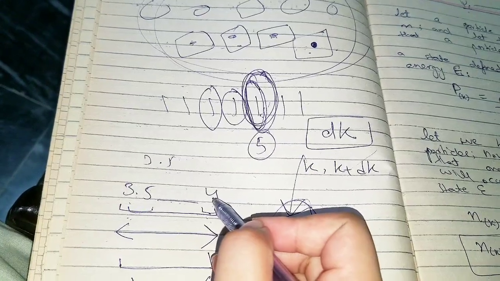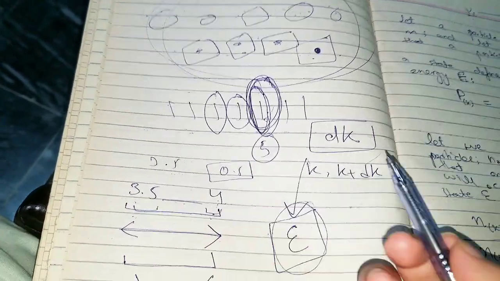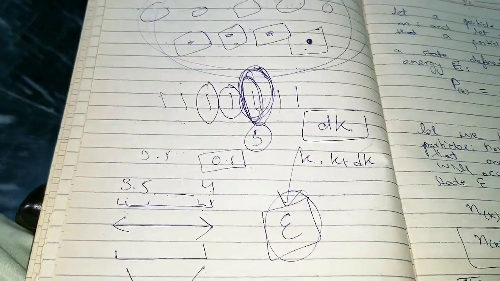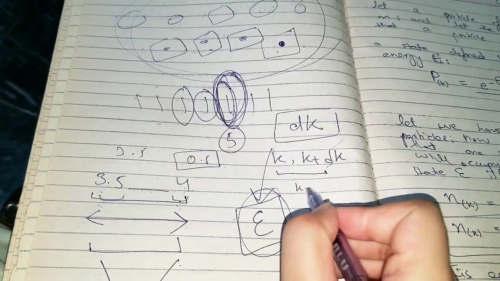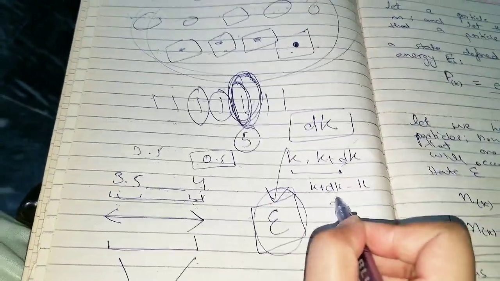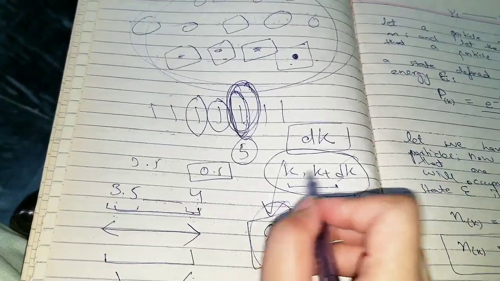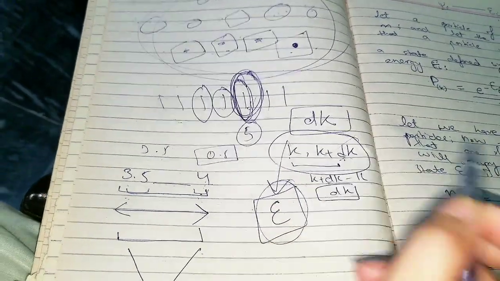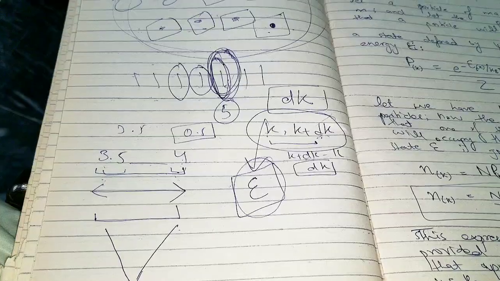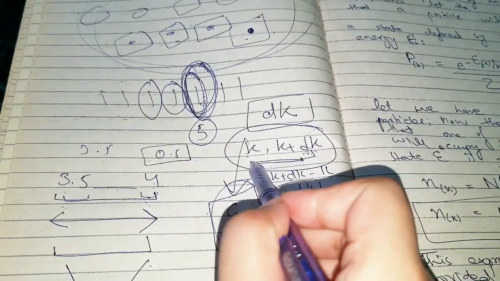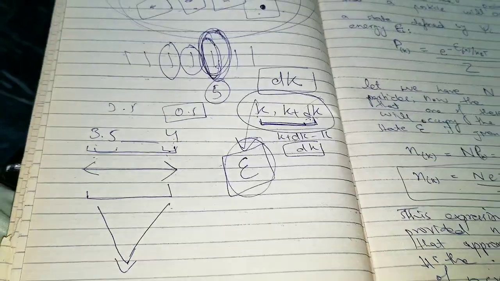For example, if you subtract 3.5 from 4 you will get 0.5, so the range is 0.5. Range means difference. So if you find the difference of k plus dk minus k, you will get dk. So dk is the range, while these are the absolute starting and end points. We want to find the average number of particles that lie in this wave vector interval, k and k plus dk.